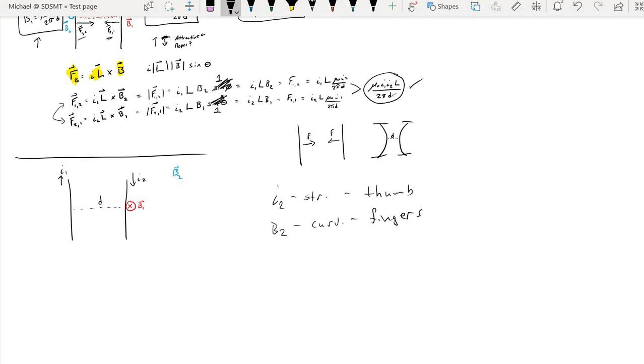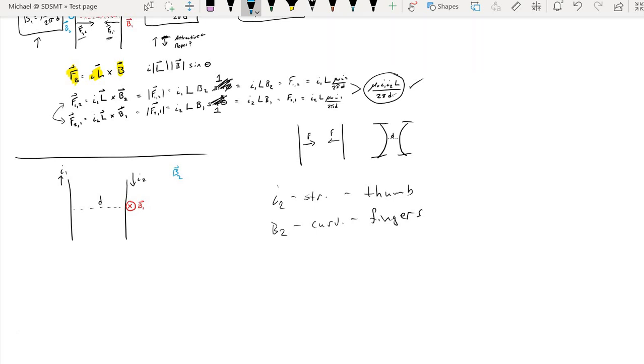So we have to take our thumb and point it in the direction of I2. So take your thumb and point it down. Let me start over because I'm getting my subscripts mixed up.